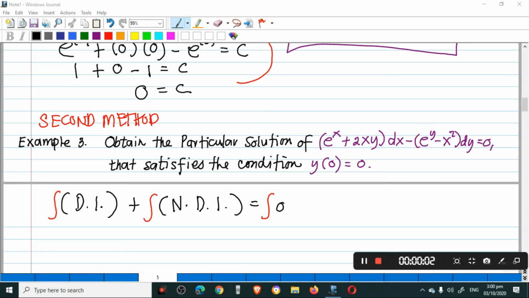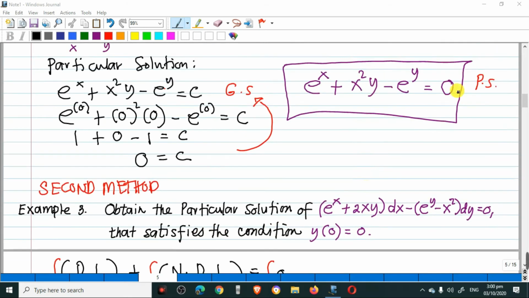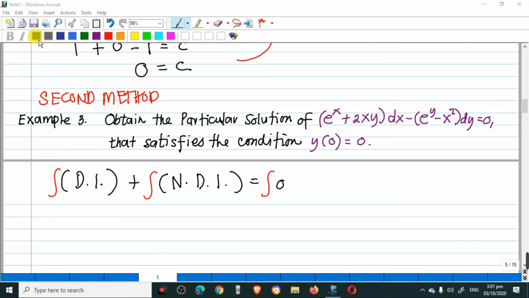Here is our second method in determining the particular solution of this given exact differential equation. We should get the same answer as method number 1, which we just solved. So, let us go directly to our solution.